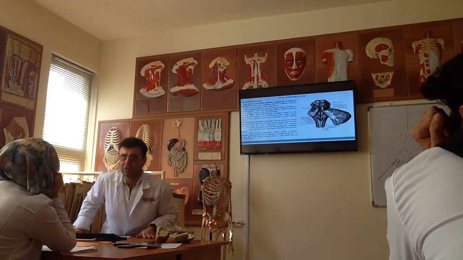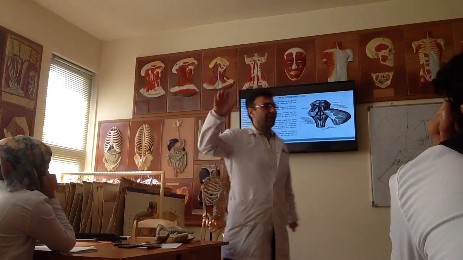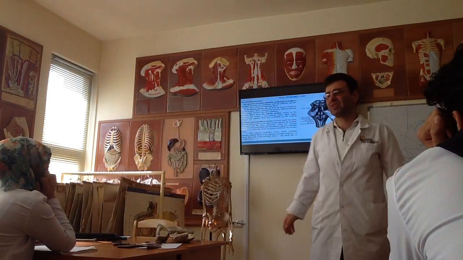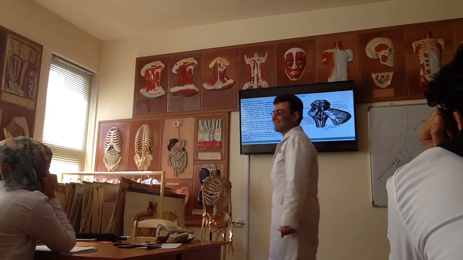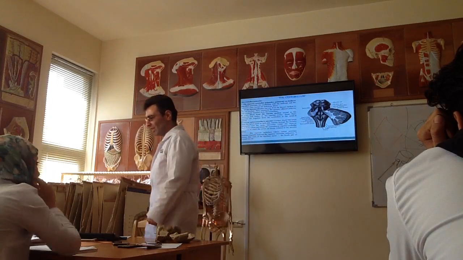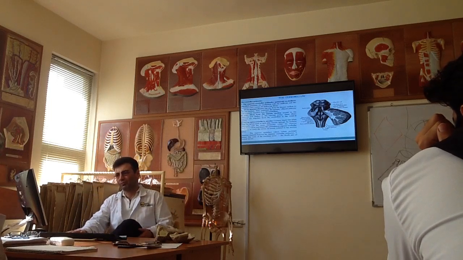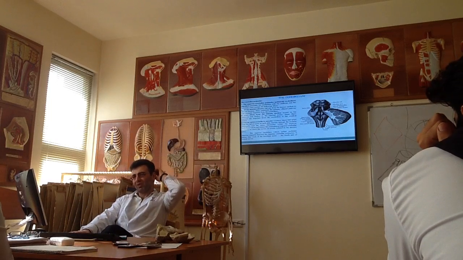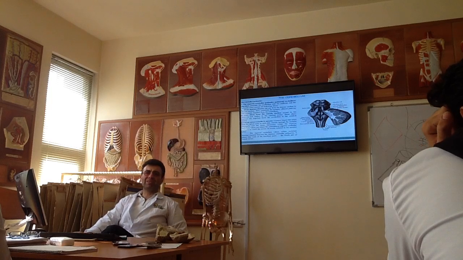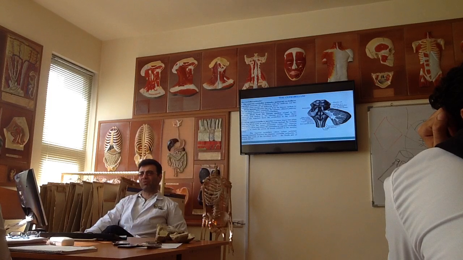It has only one function: it is the connection between the pons and the cerebellum. And finally, my friends, the superior peduncles contain a lot of fibers which connect the cortex of the hemispheres and the thalamus with the cerebellum.